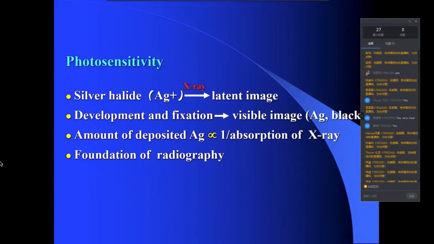The second characteristic of X-ray is photosensitivity. When a piece of film covered by a layer of silver halide is irradiated by X-ray, the chemical structures of exposed silver halide grains change and form a latent image on the film. Through the process of development and fixation, the latent image will become visible due to the deposition of metallic silver particles on the film, which come from the exposed silver halide grains.